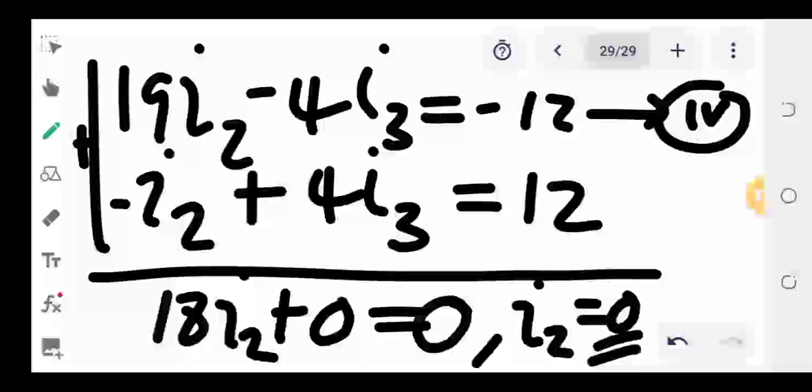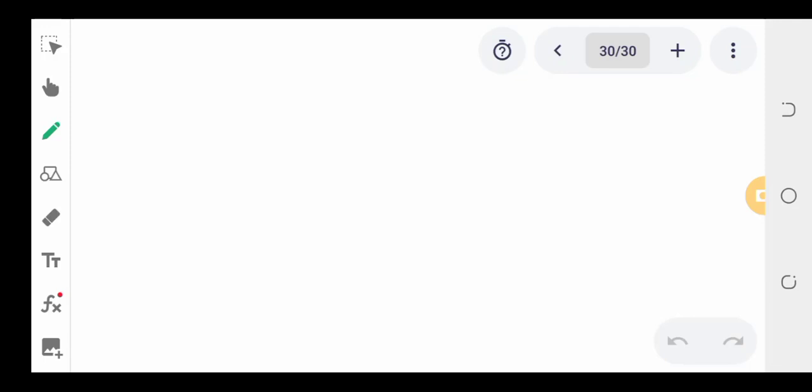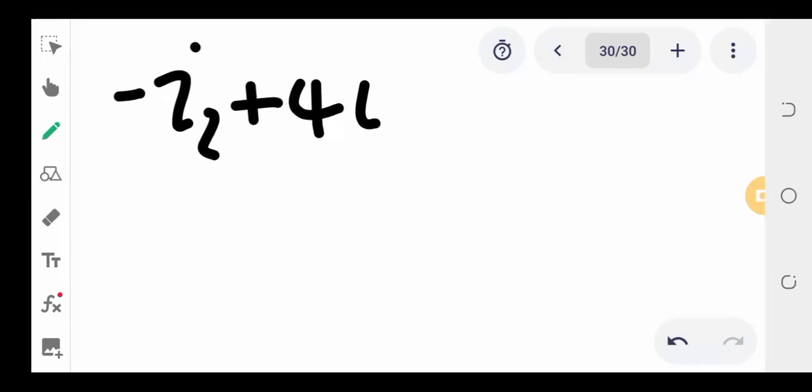Having I2 as 0, I will use this equation to evaluate I3: negative I2 plus 4 I3 equals 12. If I substitute 0 for I2, I get 4 I3 equals 12.